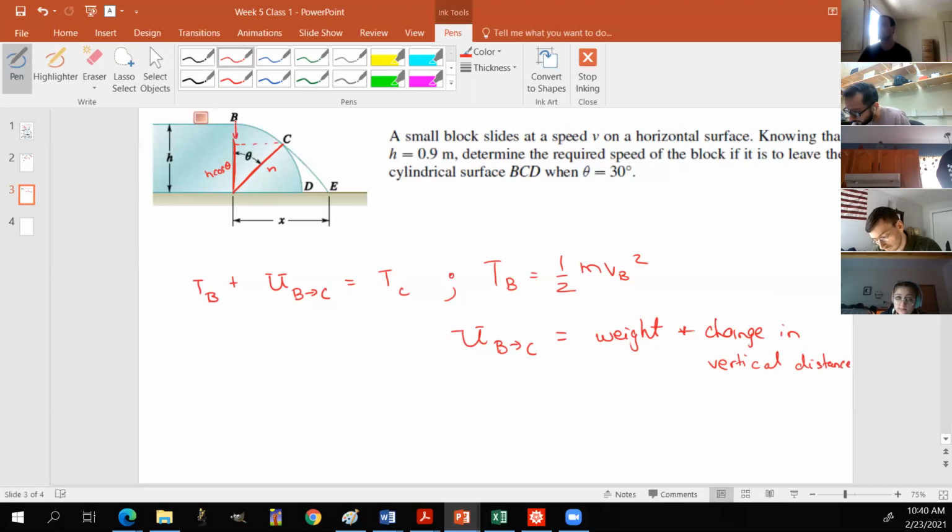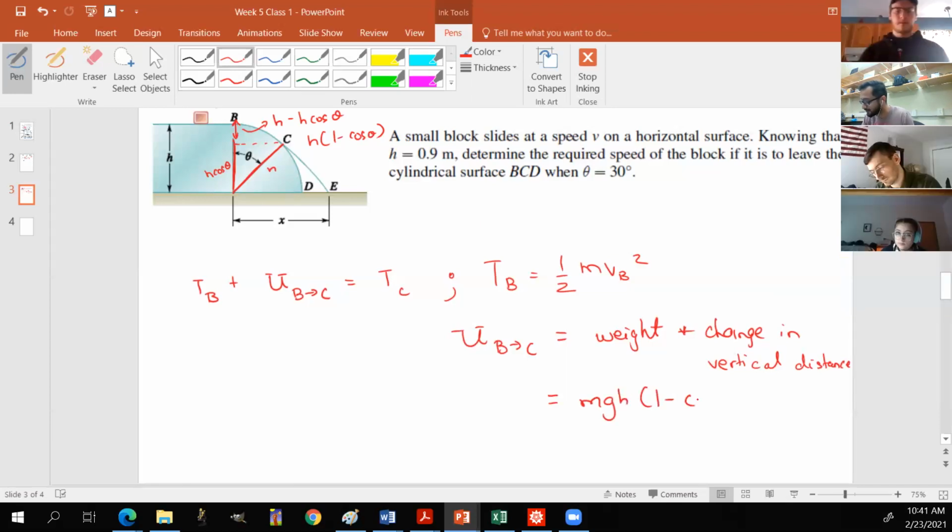So this distance here is just going to be h minus h cosine theta, so h times 1 minus cosine theta. Is that clear? Yes. Okay. So everything is known.